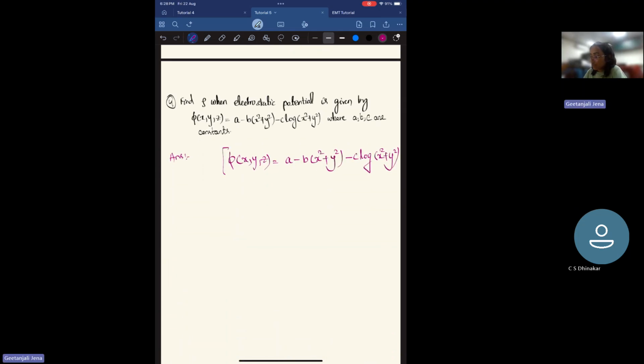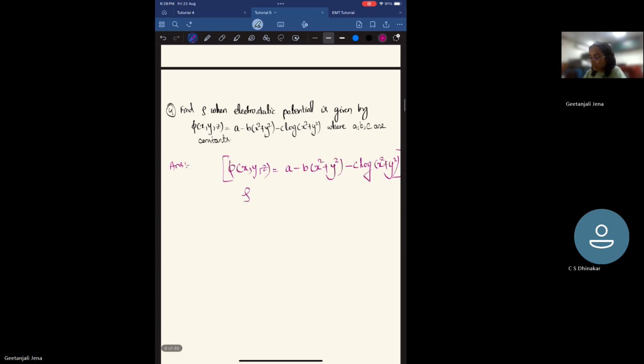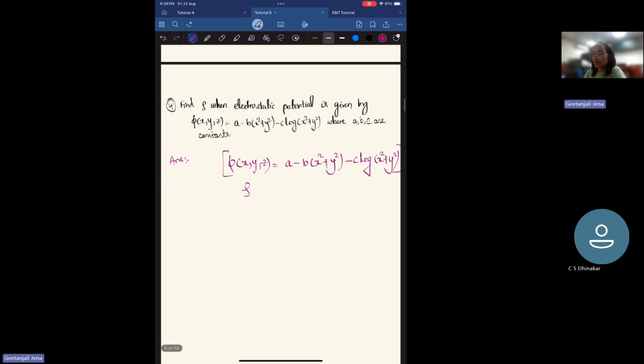So we have the potential and we need to find the volume charge density. This is easy. You can recall the Laplacian equation. Not exactly Laplacian, it is Poisson's equation to be exact. So del square V is minus rho by epsilon.